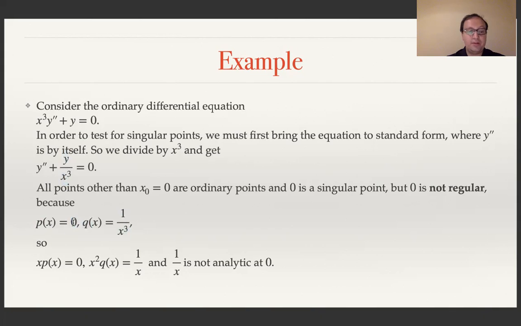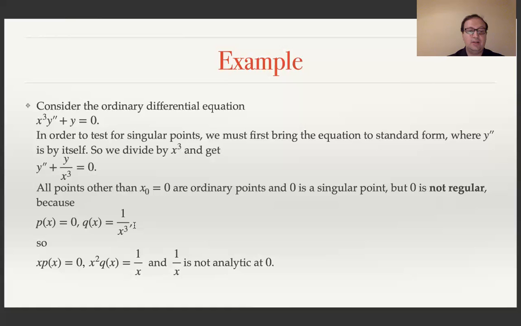So both 0 and 1 over x cubed are analytic functions at any point other than 0. And 1 over x cubed is not an analytic function at 0 because it is not even continuous at 0. It is not even defined at 0. So 1 over 0 is not defined. And then this means that 0 is a singular point because q is not an analytic function at 0.